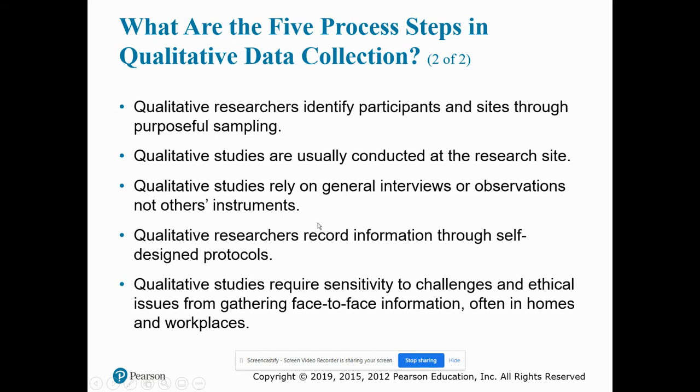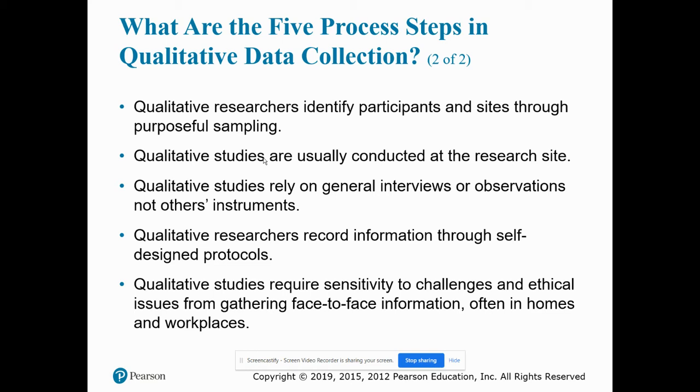So here's some more details on those 5 steps. Remember the first step, in qualitative research, identify participants and sites through purposeful sampling. And we're going to learn the ins and outs of purposeful sampling. The second thing is that qualitative studies are usually conducted at the research site, so you're going to have to gain permission for that.